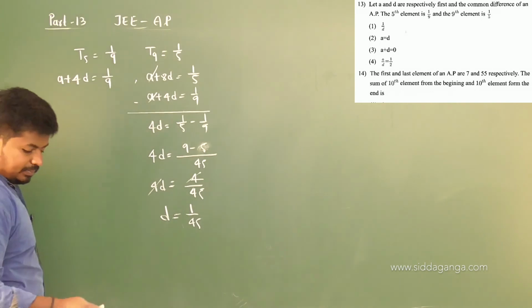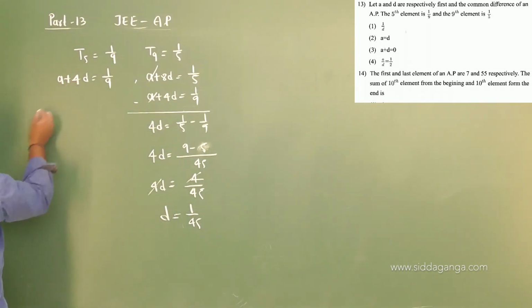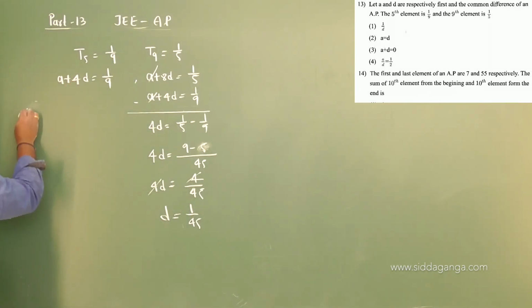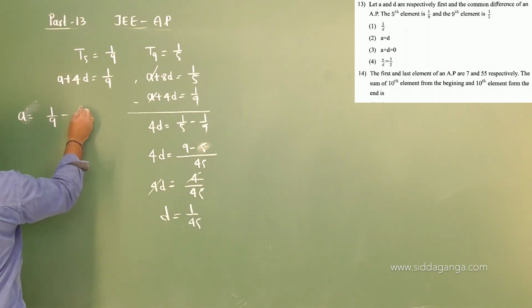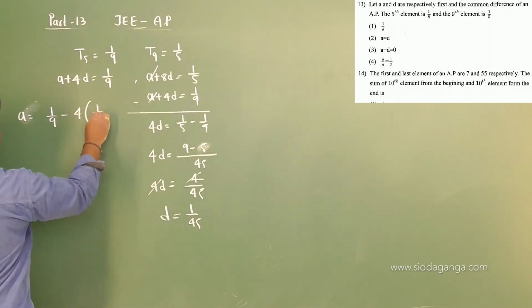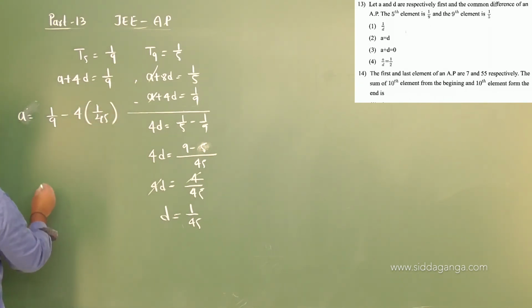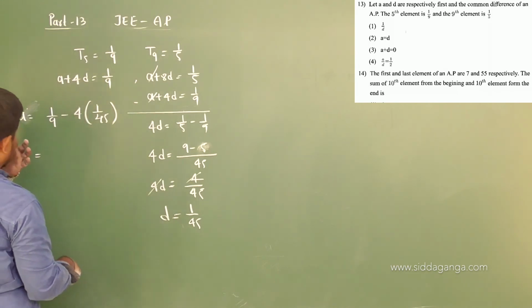So let me find A. Let me substitute in this. A is equal to 1 by 9 minus 4D, 4 into D. D is 1 by 45, right?